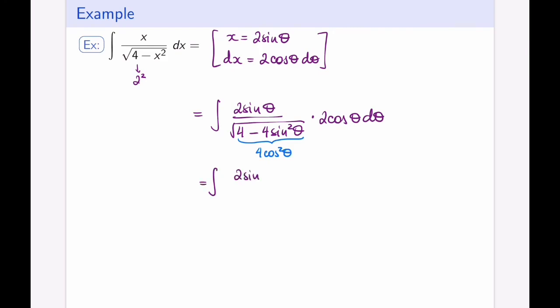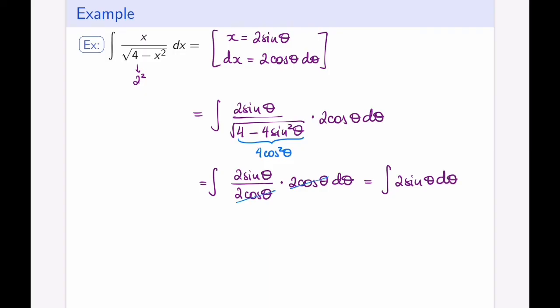I have 2 sine theta on top. The square root of 4 cosine squared will be 2 cosine theta. And then I have this 2 cosine theta out here, d theta. I can cancel both of these terms out, and I end up with a really simple integral of 2 sine theta d theta. Well, isn't this lovely?